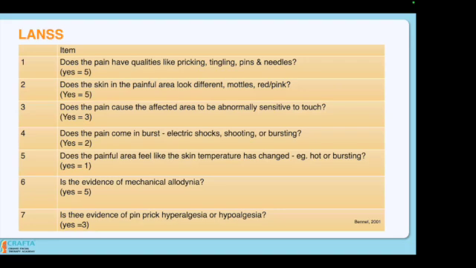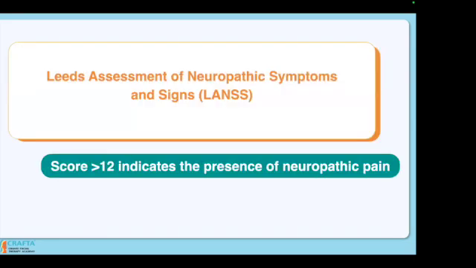We have different items with yes or no, but they give different numbers in score. We talk about sensitivity. Is there more shooting pain, bursting pain? Is there maybe already evidence of a mechanical allodynia? And if you do the test, we know that if the score is above 12, it indicates the presence of neuropathic pain, so the MPSH.